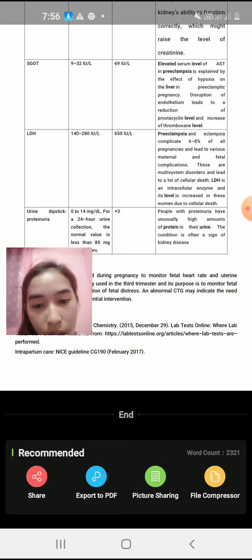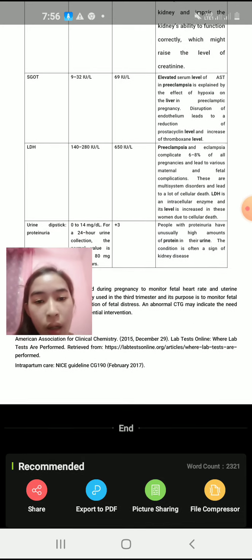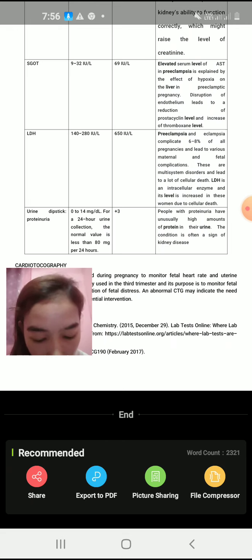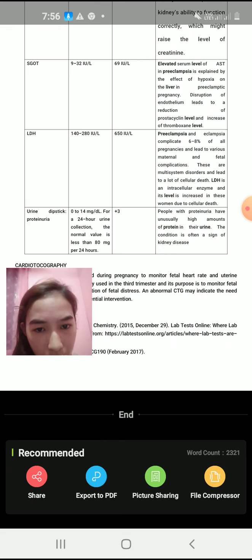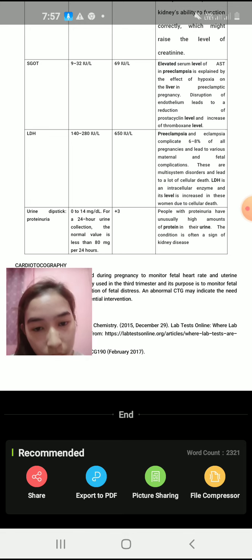And lastly, the urine dipstick proteinuria. Ang normal range is 0 to 14 milligrams per deciliter for a 24-hour urine collection. The normal value is less than 80 milligrams per 24 hours.